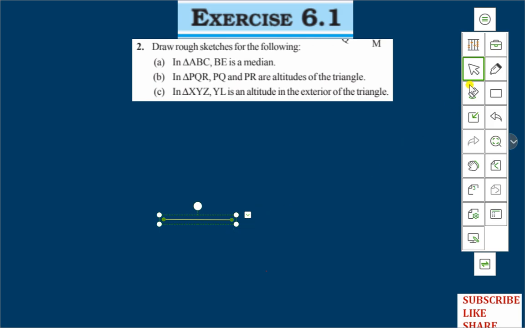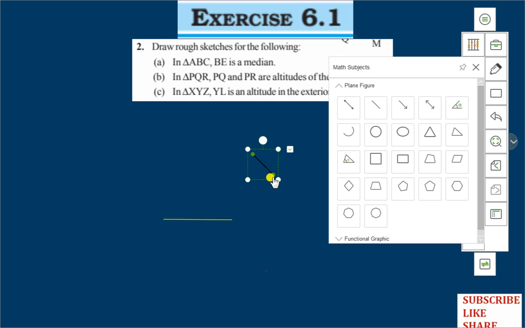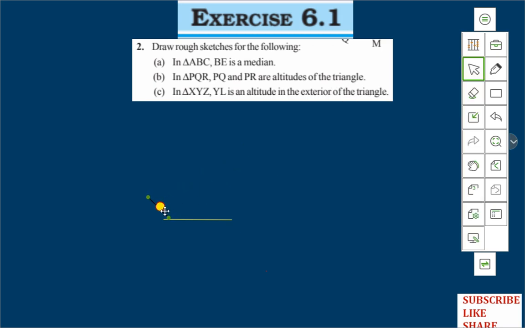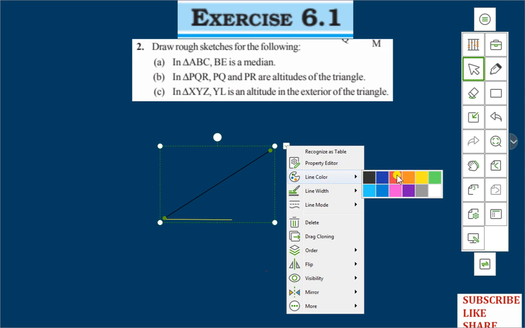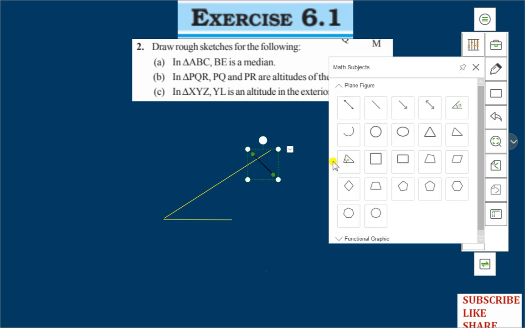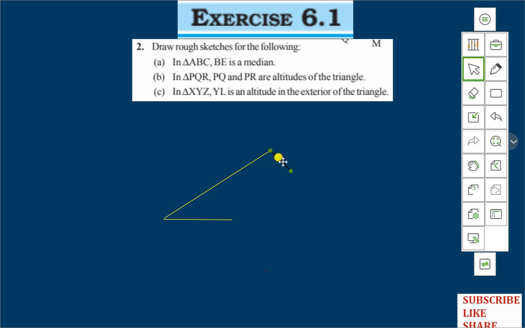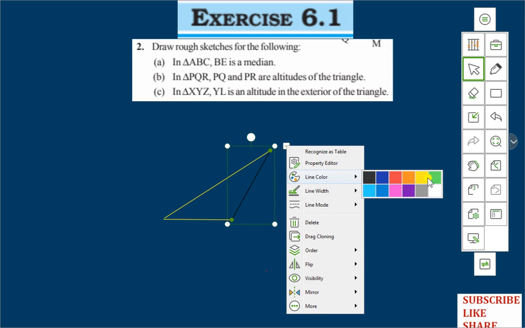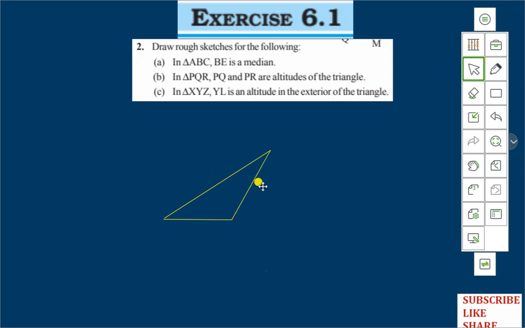And take another line. Let us take another line here also. Here we have taken a triangle, right?